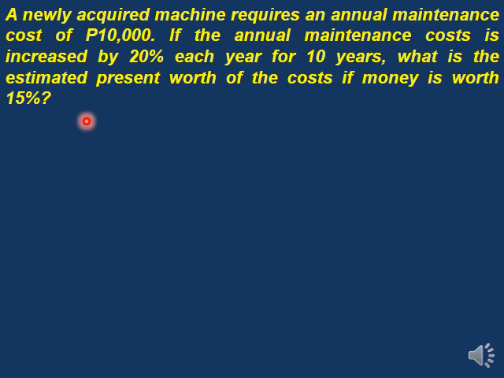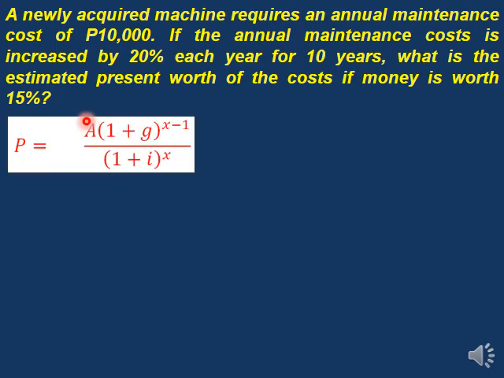Okay, so here is our formula to compute the present worth of the maintenance cost. To compute the present worth of all of the maintenance cost, we simply input this expression in the calculator under the summation function.